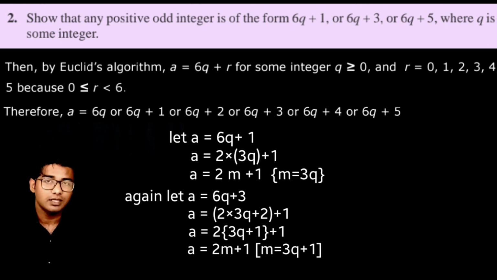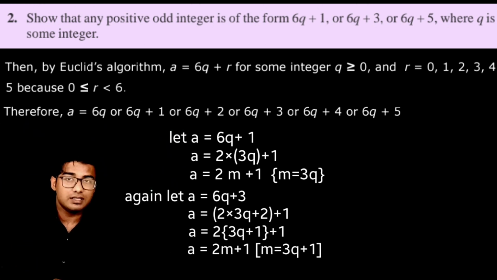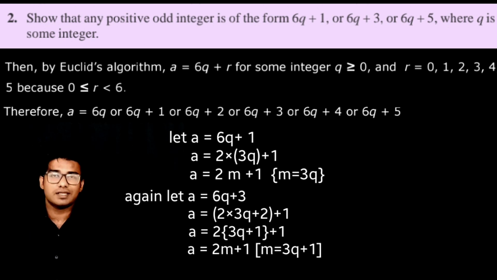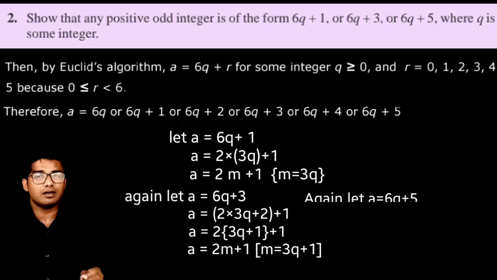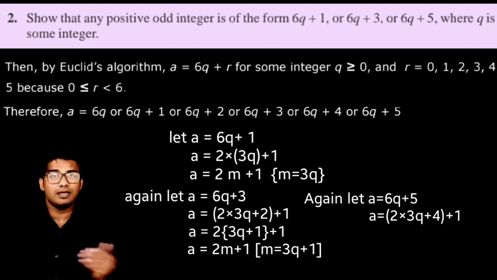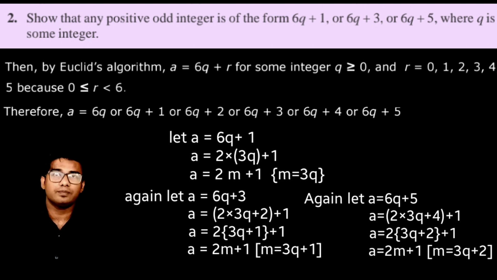So the answer becomes 2m plus 1, taking the bracket as m. Again take 6q plus 5, which we can write as 2 multiplied by 3q plus 4 plus 1. Take 2 common, so 2 bracket 3q plus 2 bracket close, plus 1. Again 3q plus 2 is the form of m, so we can write it as 2m plus 1.